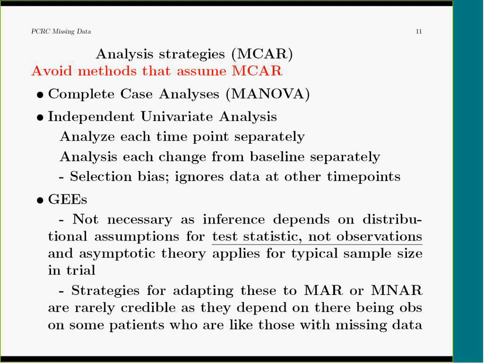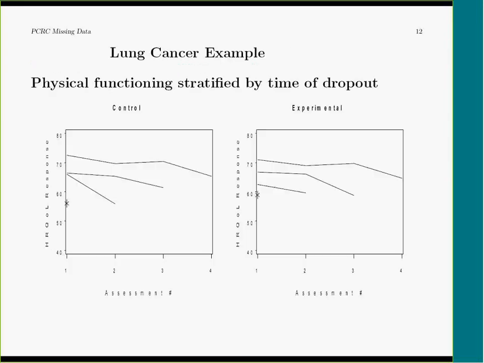But in studies where most of the missingness is due to morbidity, there really are no observations on other patients that reflect the patients where we have missing data, so there's really nothing to weight more heavily. So I would recommend against GEEs in this setting.